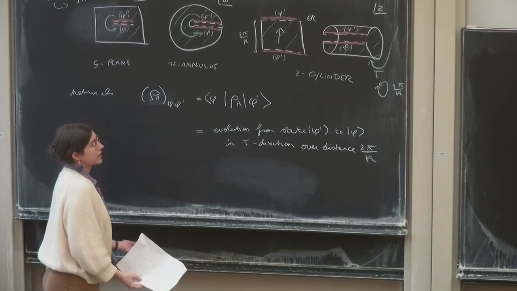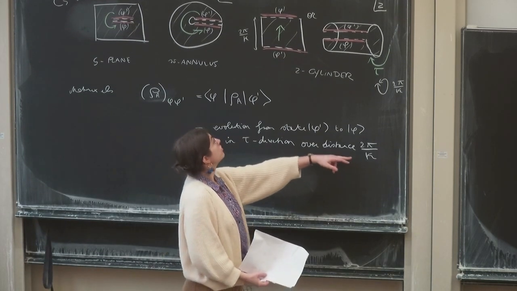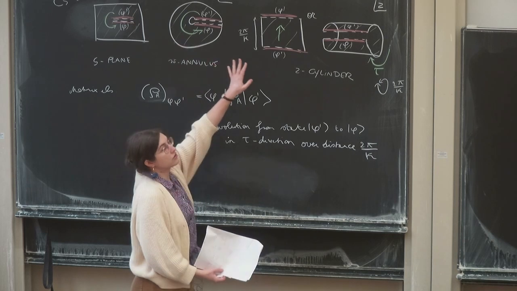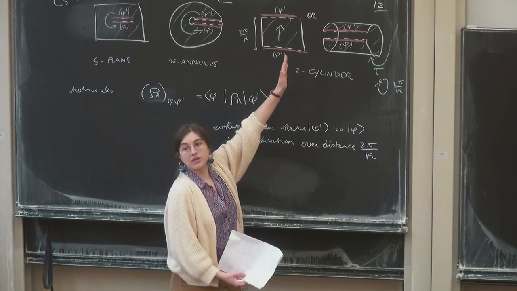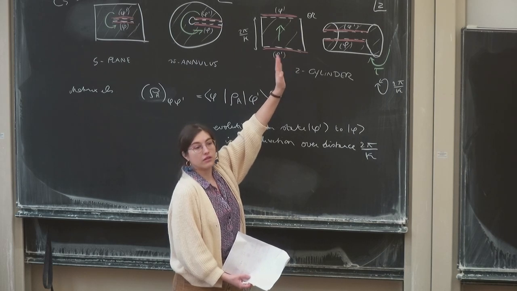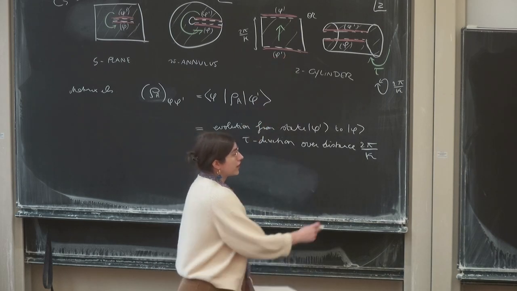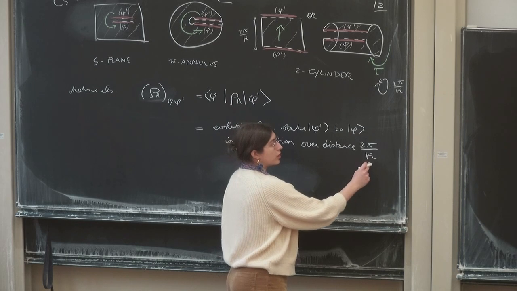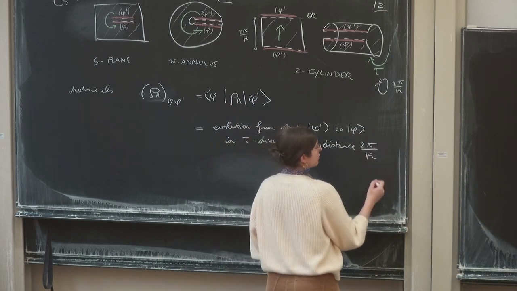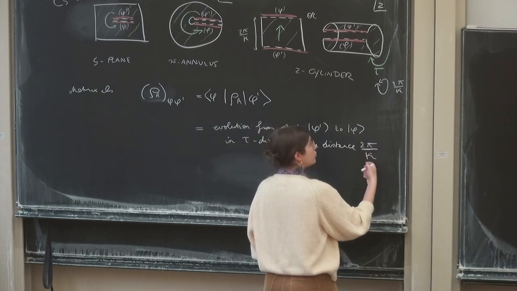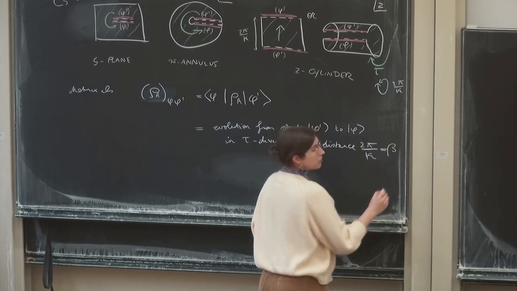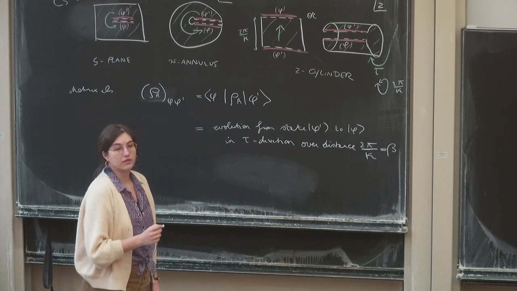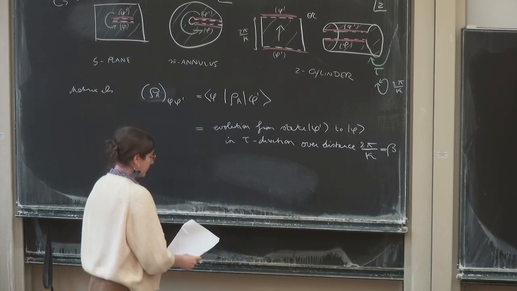Okay, and I told you that kappa entered through the conformal map from this picture to this picture. And this kappa was an arbitrary real number that should not affect physics. So I can choose kappa to be 1, which is a natural choice, or I can choose it to be 2 pi over some other number, beta, so that the whole thing is a real number, beta.